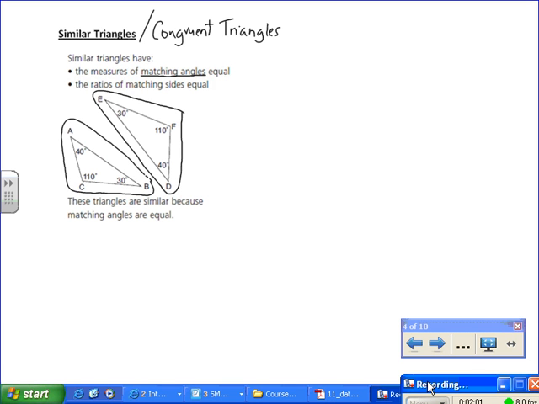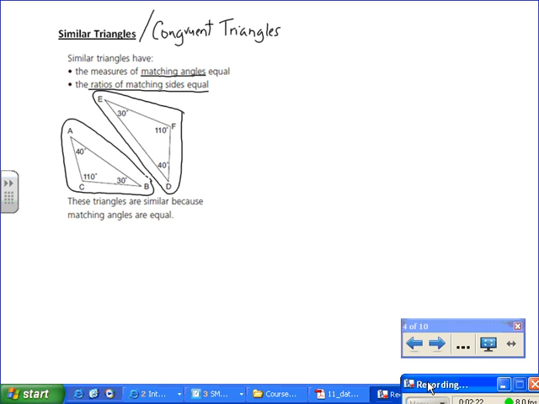So we know they're not the exact same. However, we could tell if they were similar by looking at their angles. They'll have the same angles. They should be matching. And when we measure individual side lengths, we should find that the ratios of the sides are equal.